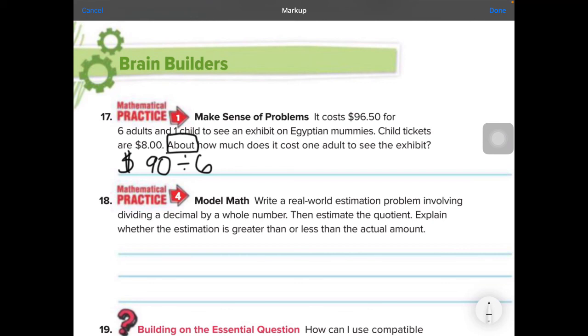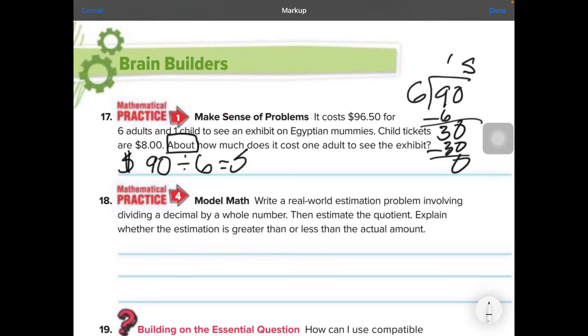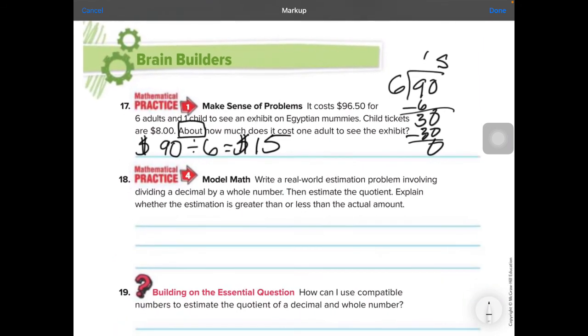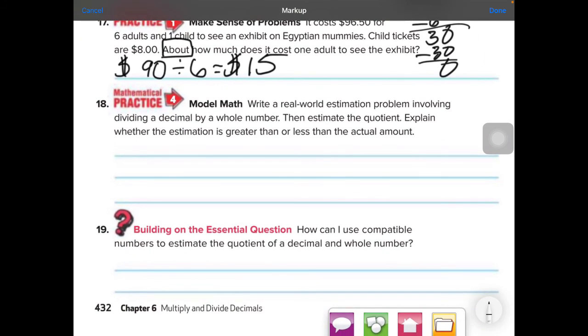They kind of just did a compatible number and estimated something that would be easy to work with. And when you have 90 divided by 6, it will go into it 15 times. So that's how they get each ticket for the adults would be about $15.